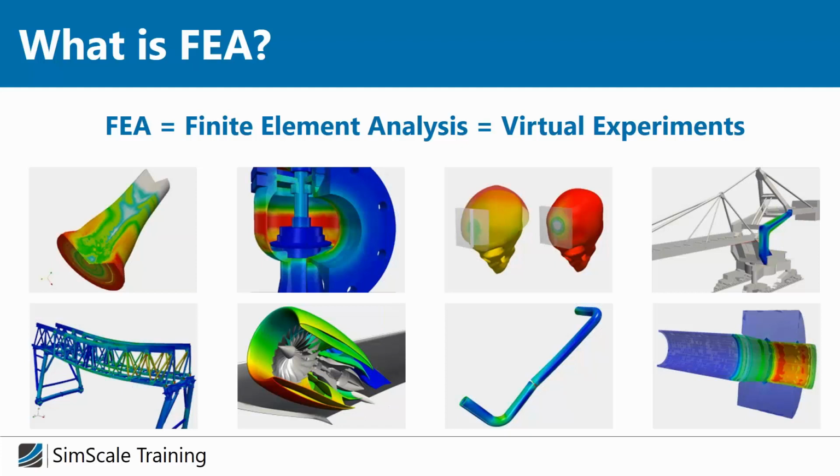On the slide, you can see some examples which show the wide range of applications you can use finite element analysis for. For example, here in the middle, you see a visualization of a stress simulation inside a globe valve. These kinds of valves are used, for example, in large plants or factories to steer other components, and designing them can be very challenging.